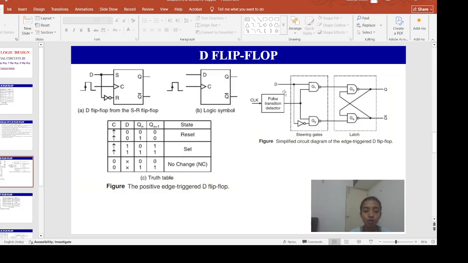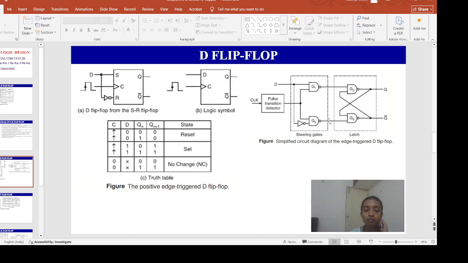Now, when the clock signal is high and D is 1, the first NAND gate output will be 0, which is the S bar input of the basic NAND based SR flip-flop, and the second NAND gate output goes to 1, which is the R bar input of the basic NAND based SR flip-flop.